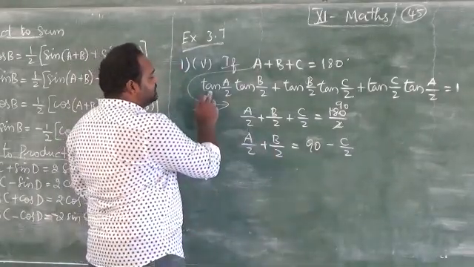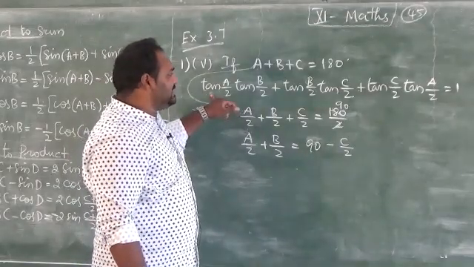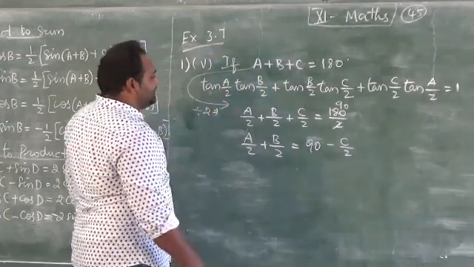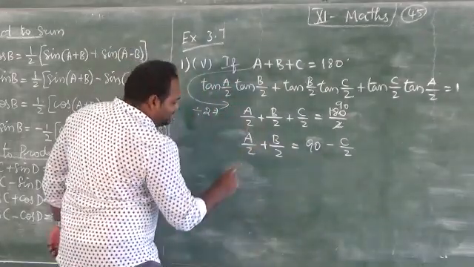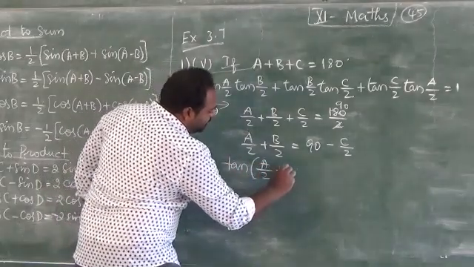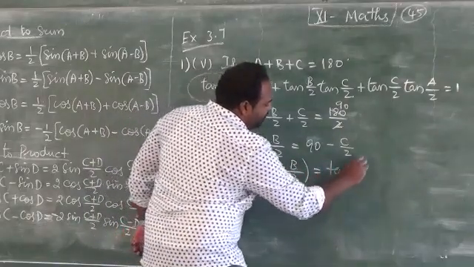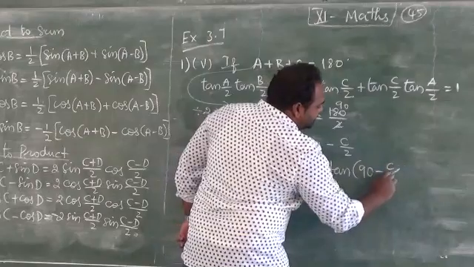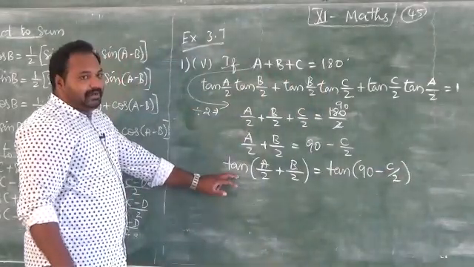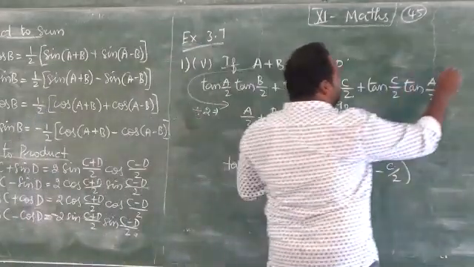So here the trigonometric ratio is tan, so I need a tan value to bring the answer. I am going to take tan on both sides: tan of A by 2 plus B by 2 equals tan of 90 minus C by 2. Here we have the tan A plus B formula, which we know very well.